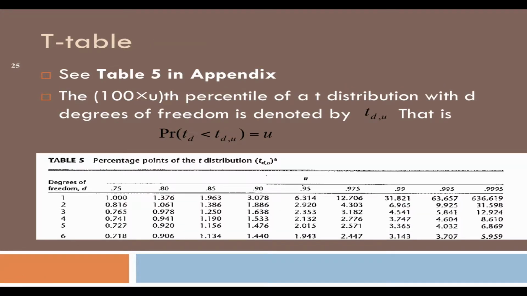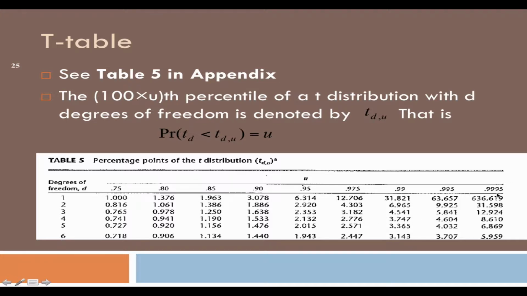So this page gives you a little bit of introduction about the t-table that you can see very frequently in a statistical textbook. The t-table is very similar to a standard normal distribution table. The only difference is, you have the percentage points of t distribution, and then a row characterized by the degrees of freedom parameter, from degrees of freedom 1 to some number.